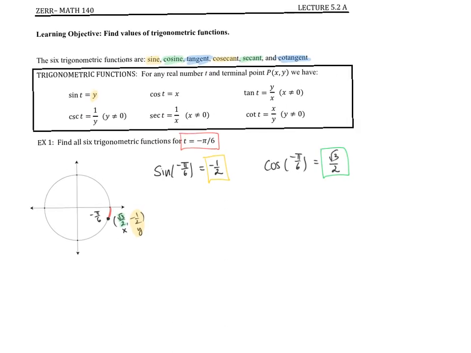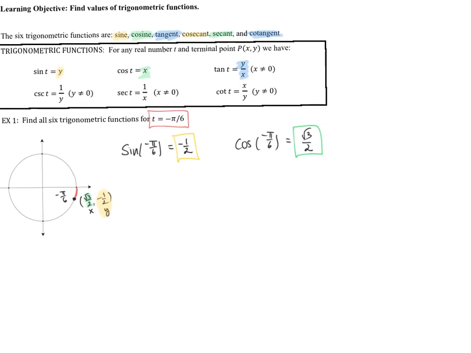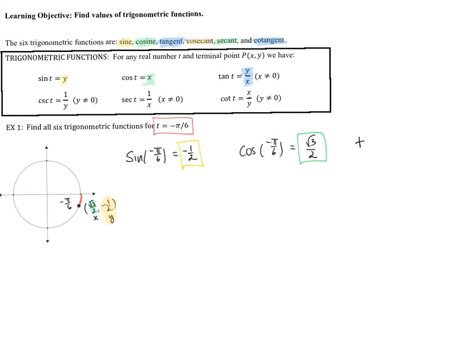Tangent is defined as y over x. So tangent at negative pi over 6 is going to be y, which was negative 1/2, over x, which is square root of 3 over 2.